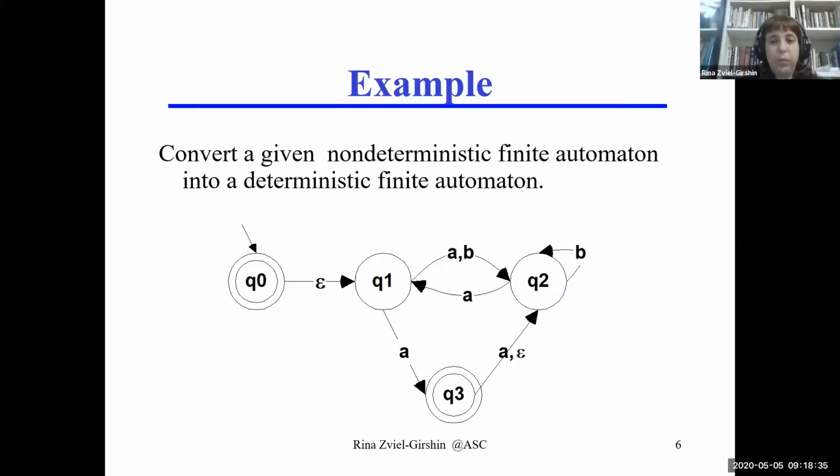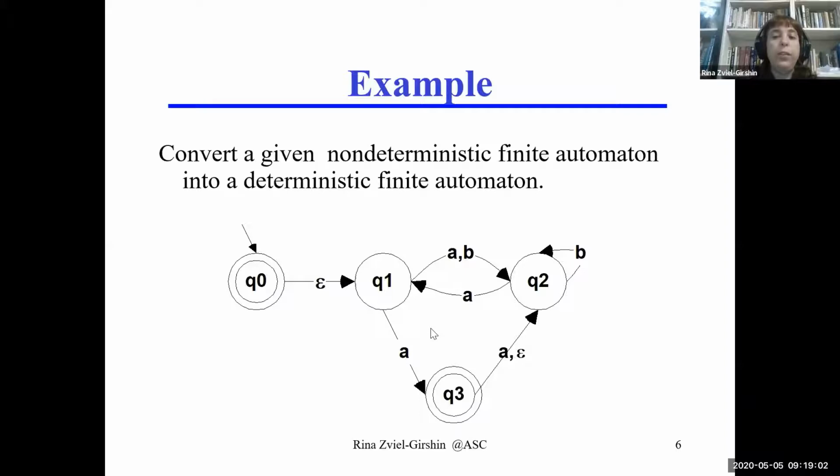Okay, so let's see. We have to start to build an equivalent DFA from the epsilon closure of Q0. The epsilon closure of Q0 is, first of all, Q0 itself, if I don't use any epsilon transition, but I also can move with epsilon transition to Q1.